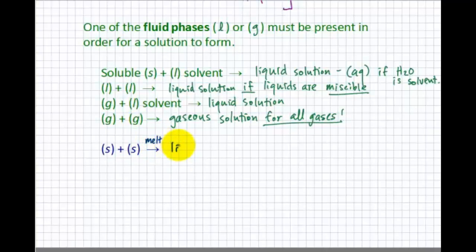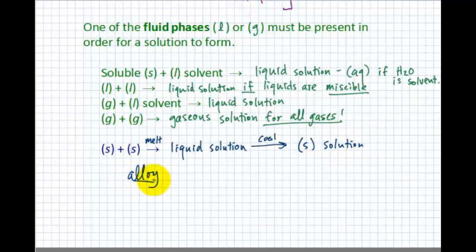And then we can mix them together and get a molten liquid solution. Because now we have liquids, we have one of those fluid phases. We can get mixing to happen at the molecular level, but then by cooling it down, that's how we can get a solid solution. And an alloy is a solid solution of metals that's made in that way.